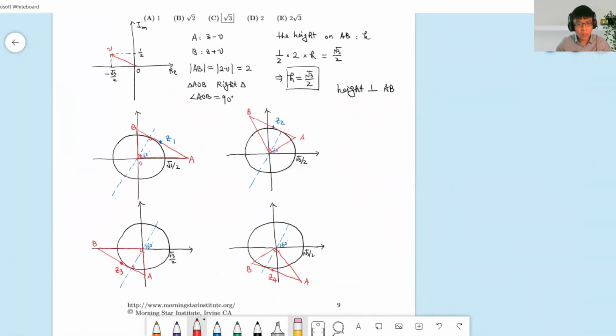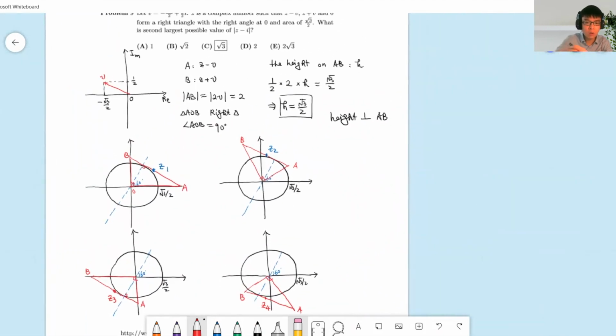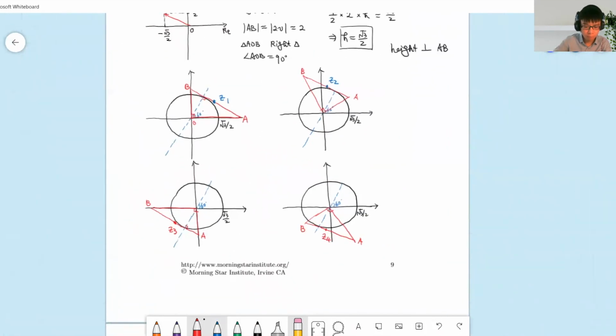Now the question asks for the second largest possible value of the modulus of z minus i. The second largest one. So z minus i actually corresponds to the distance from z to i. So i is here. This is i. And this is i.